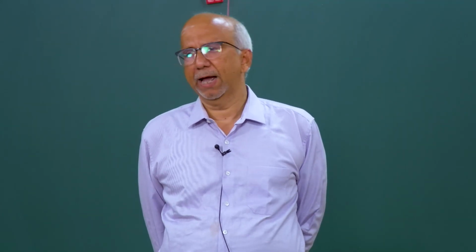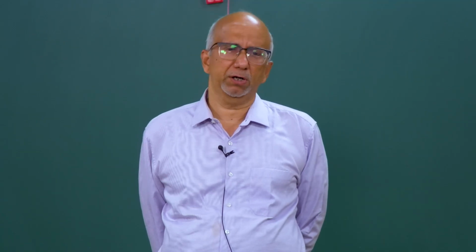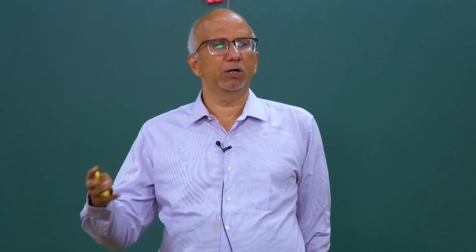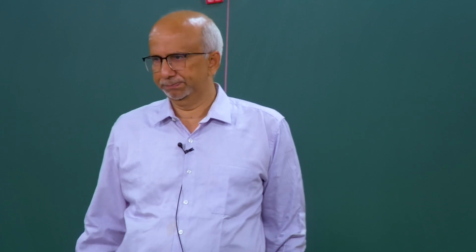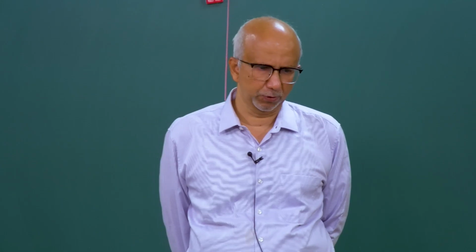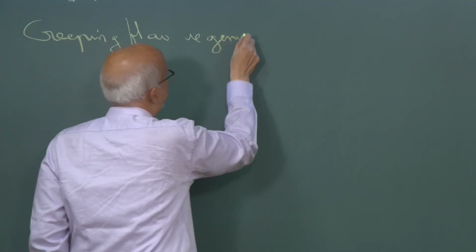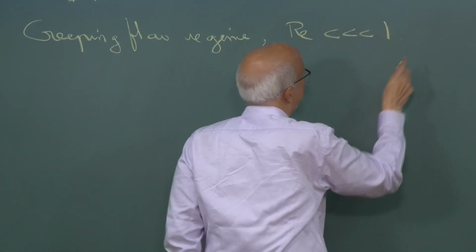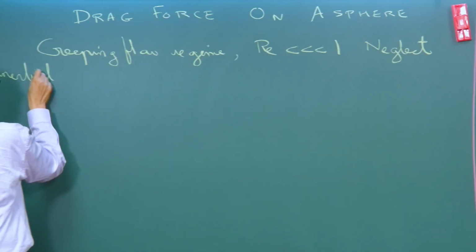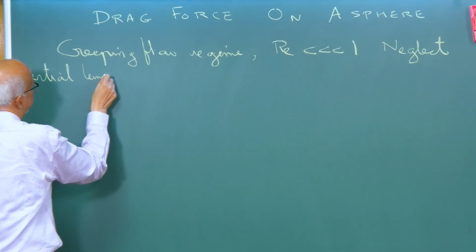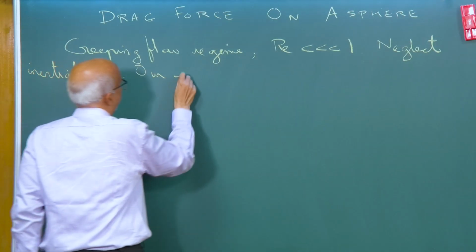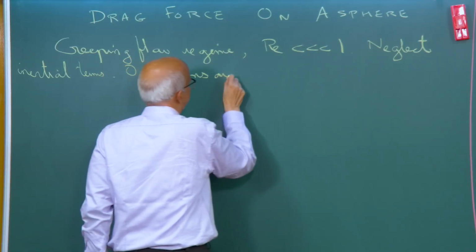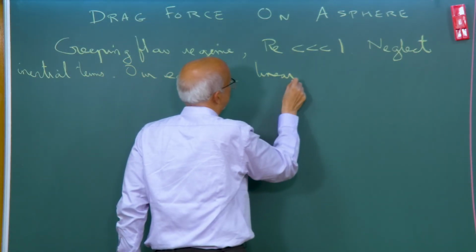So, when you actually do an experiment which is not in the creeping flow limit, you may be able to interpret your results in a better way, because you may get some other peculiar results. So, we are looking at the regime where the Reynolds number is very much less than 1, we neglect the inertial terms, our equations are linear, and we get an analytical solution.